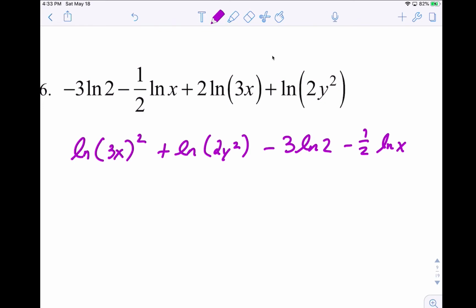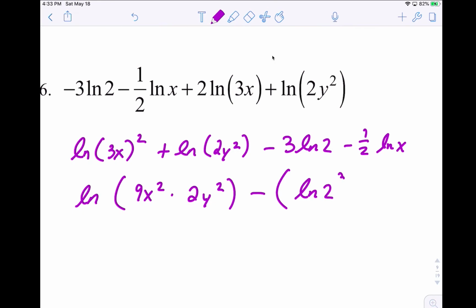Okay, so I'm going to put the first 2 terms together, make that natural log. So 3x squared is going to be 9x squared times 2y squared. And then I'm going to move the 3 up, make it ln of 2 to the 3rd plus ln of x to the 1/2.